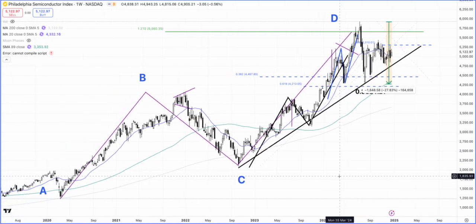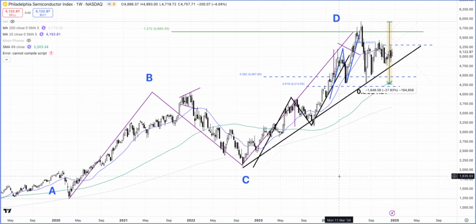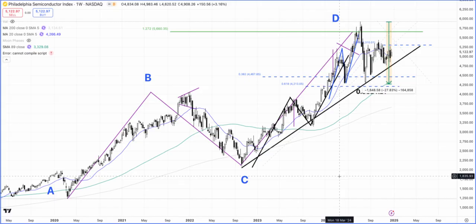So here we go. We take a look at the weekly chart of the SOX Philadelphia Semiconductor Index. It has completed a nice ABCD, where the CD leg is 1.272 times the AB leg. And what we can see is the market has actually retraced back. Now it's not the only thing around here. The 1.272 times CD leg is the bigger cycle.